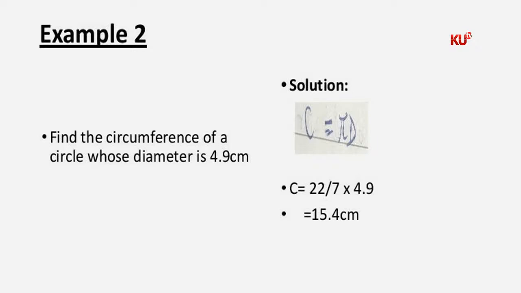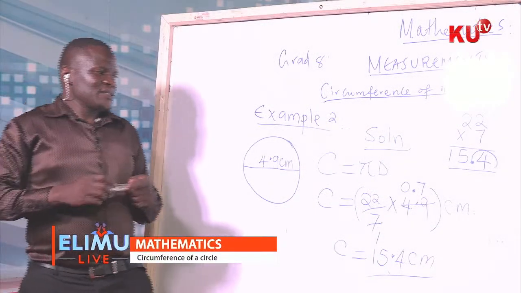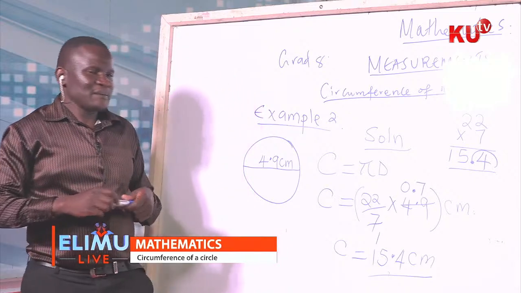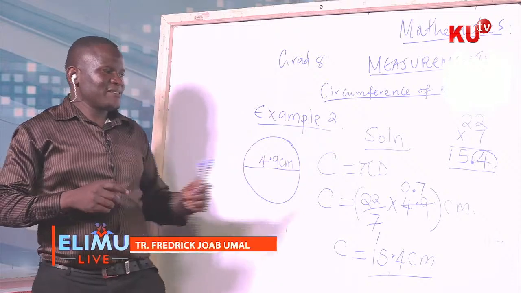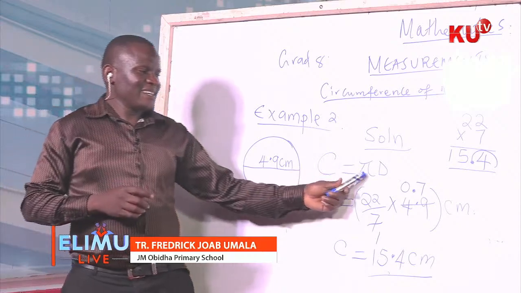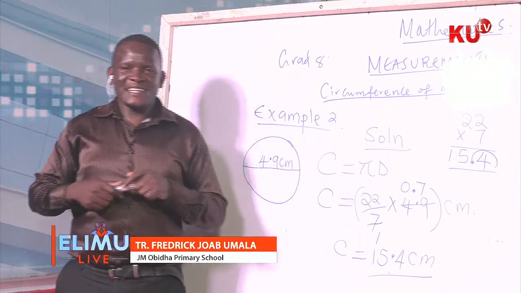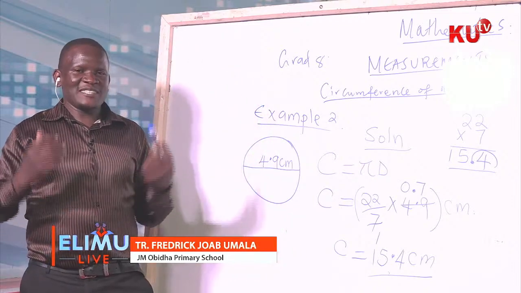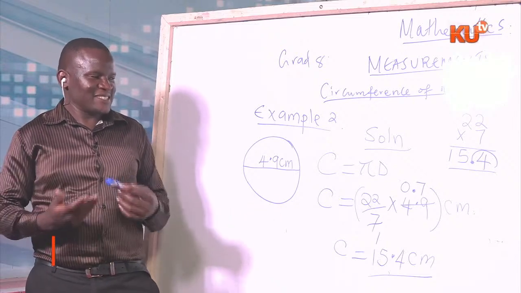We were given a circle, and the circle had a diameter of 4.9 centimeters. Solution: when you're working out this, the formula for finding the circumference of a circle is given as pi d, where pi is 22/7, and 22/7, I said earlier that it is a mathematical constant. It shall be used the way it is.